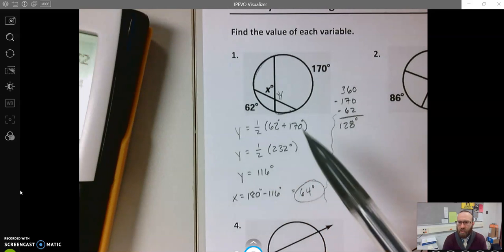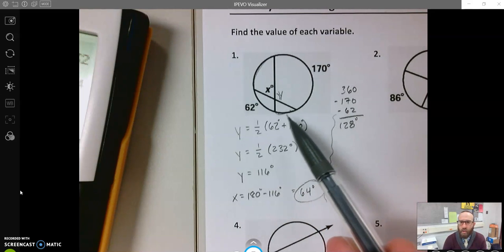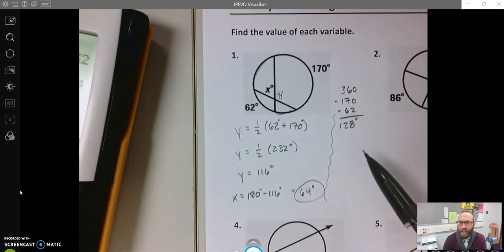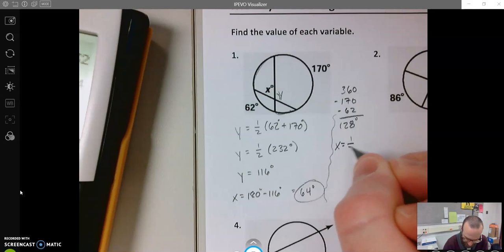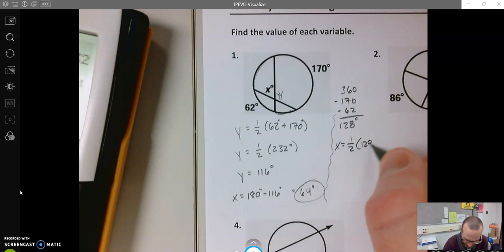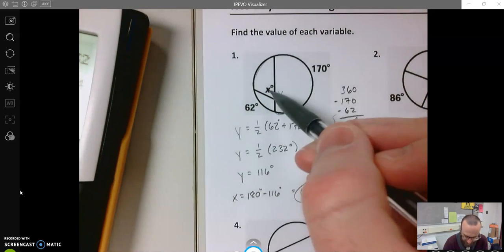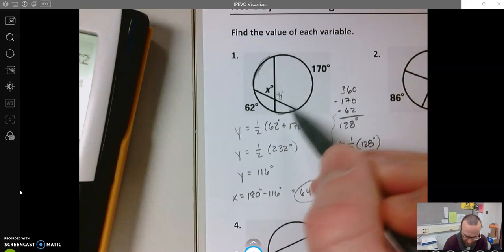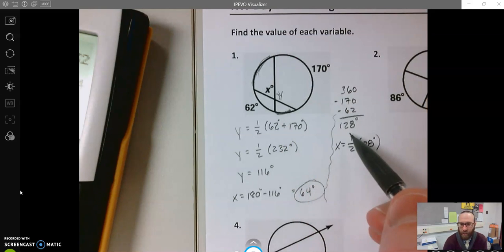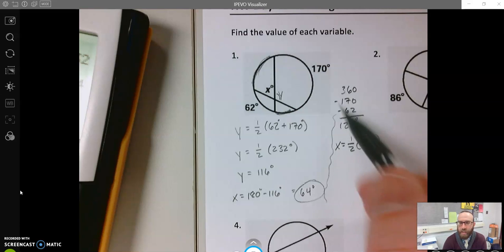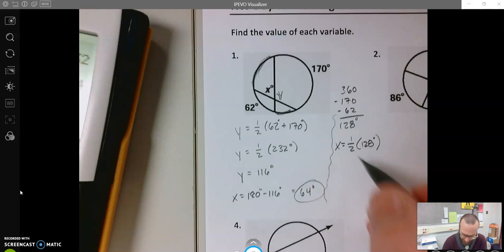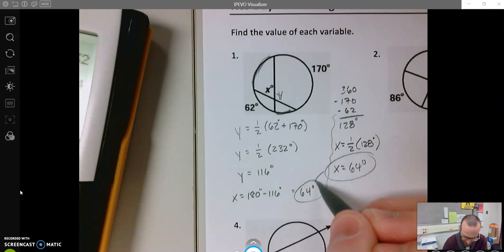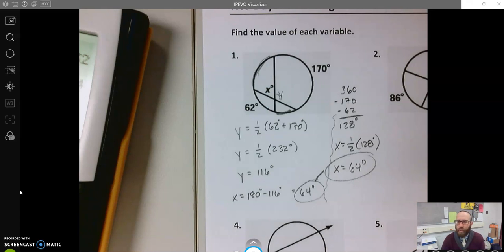I don't need to know specifically what each of them are, because I know that when I add those together, it has to be the leftovers. And so I can say that x equals half of the 128 because it's equal to half of the sum of these two arcs, which have to add up to 128 degrees because those others add up to the larger value. Well, half of 128 is 64, and you'll see that matches up with what we got the other way.